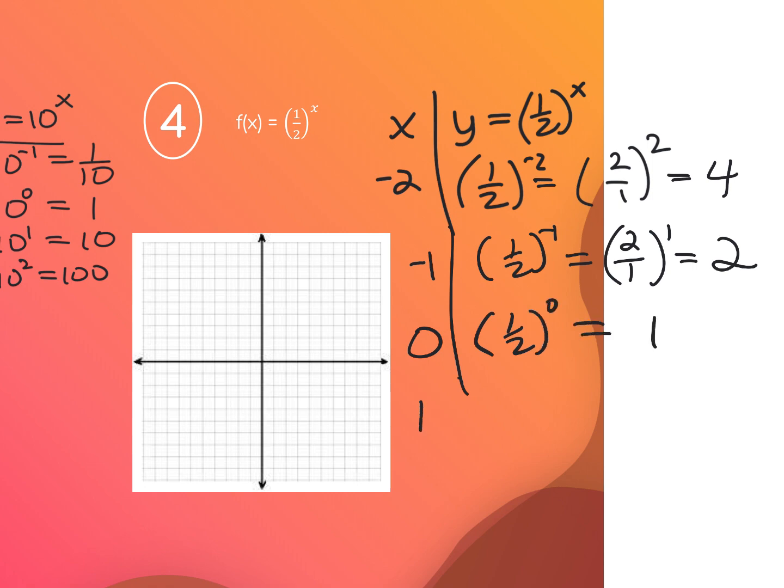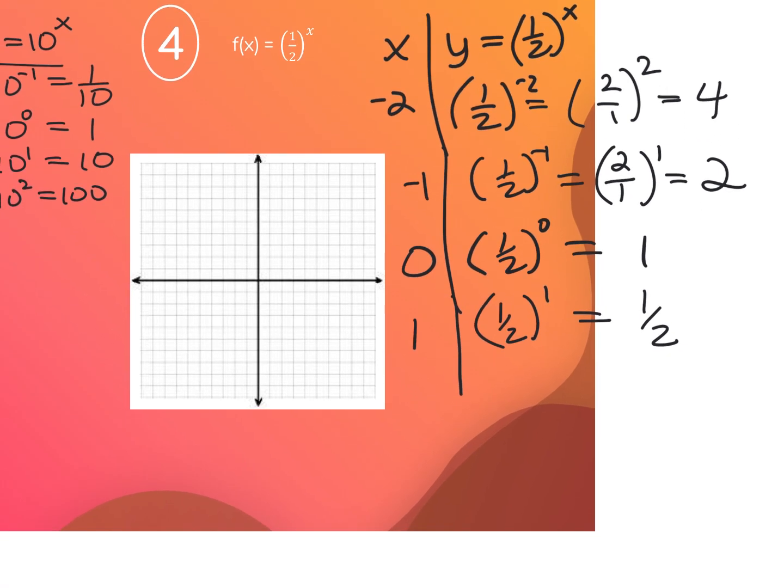When I plug in positive 1, 1/2 to the first power is just 1/2. And then when I plug in 2, 1/2 to the second power is 1/4. So when the base is a fraction, our graph is going to flip. It's going to be up on the left side, and then it's going to go down on the right side.